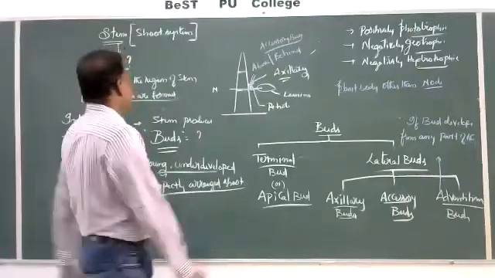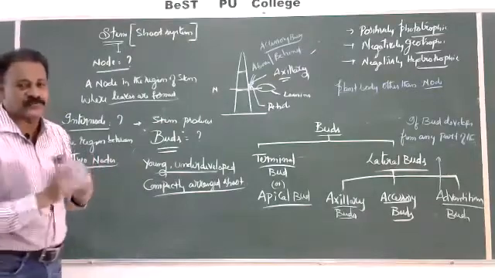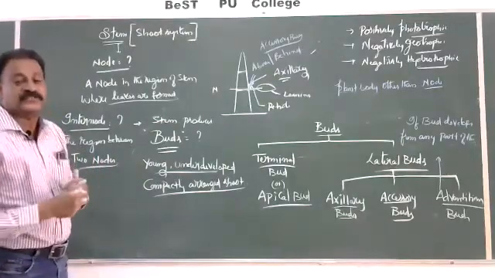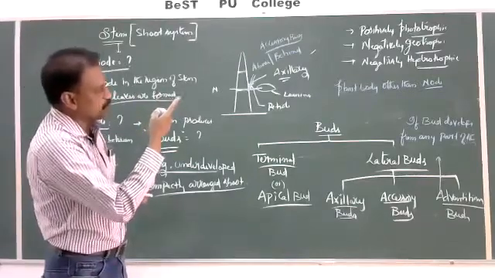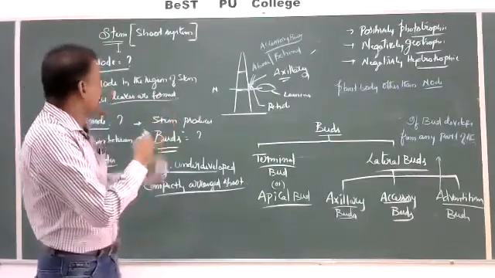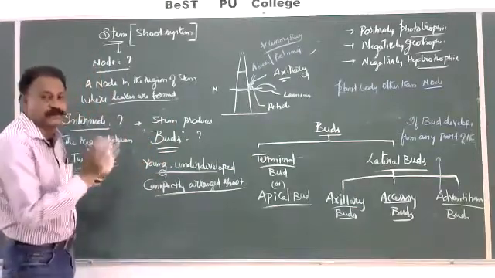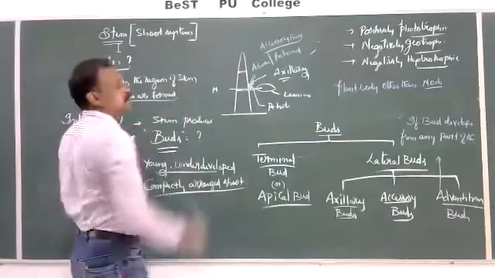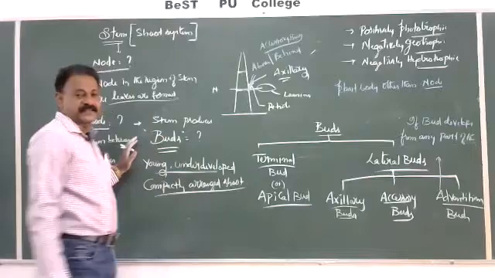So my dear students, what is stem? Stem is the axis of the shoot system, and shoot system is positively phototropic, negatively geotropic, negatively hydrotropic. How to distinguish a stem from a root? It has nodes and internodes, and it has buds of various types.